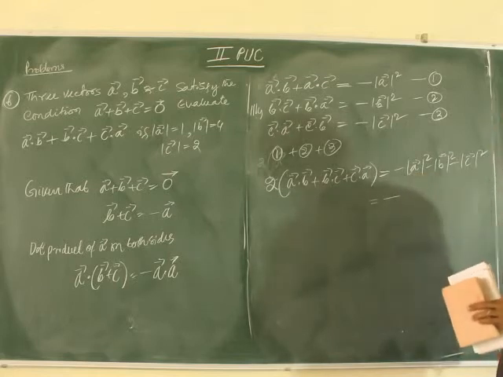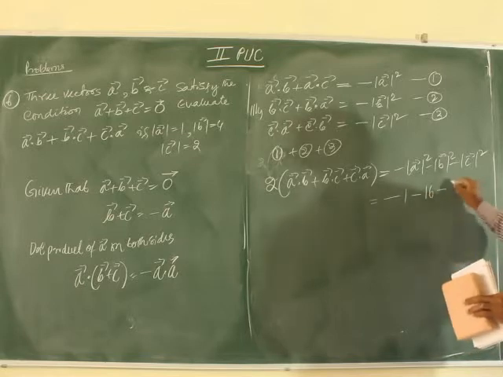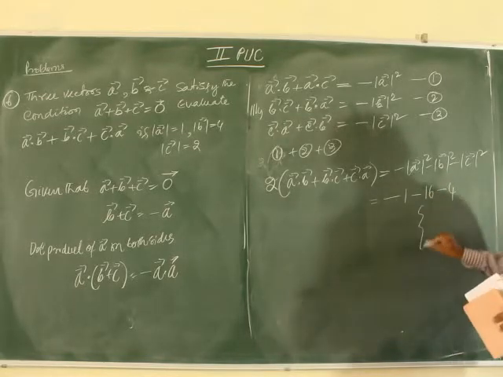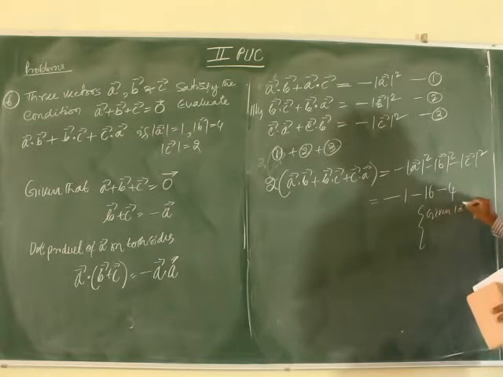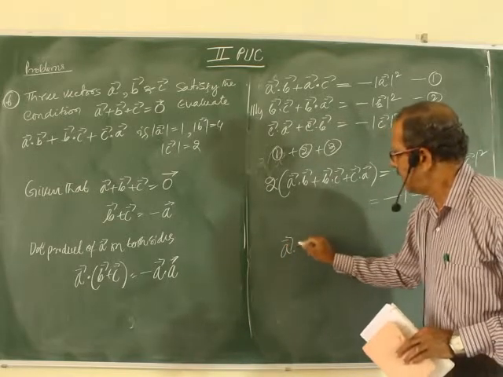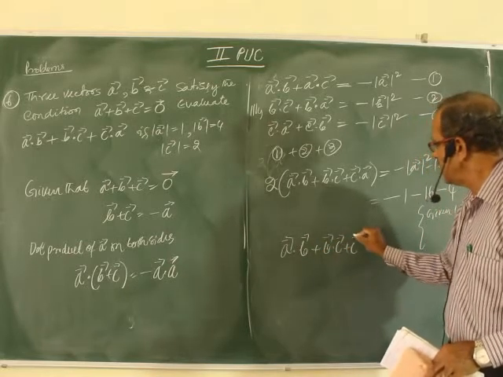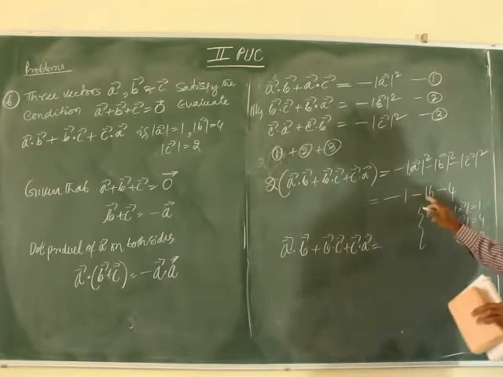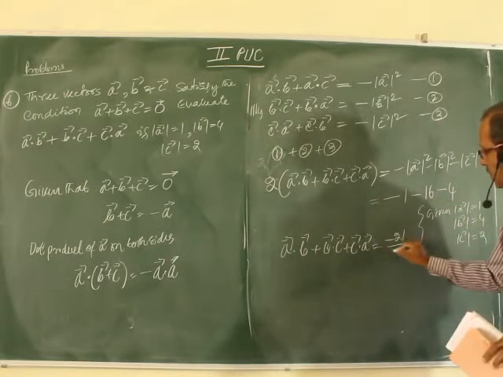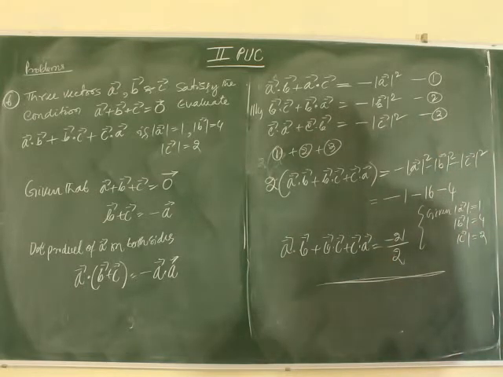Given mod A, mod B, mod C are 1, 4, 2. So it is A dot B plus B dot C plus C dot A equal to minus 21 divided by 2.